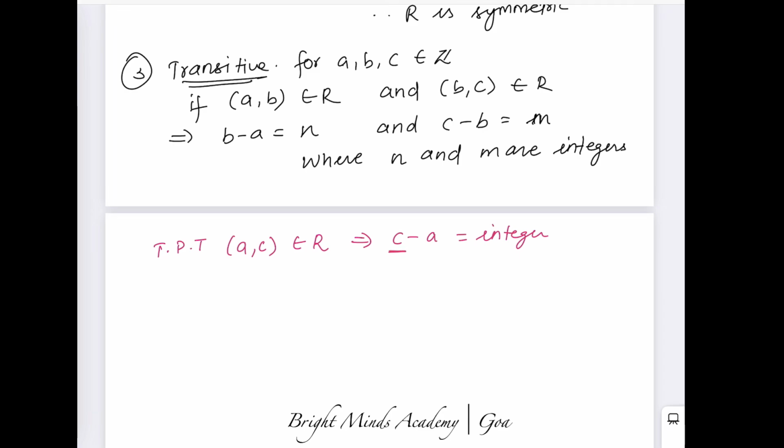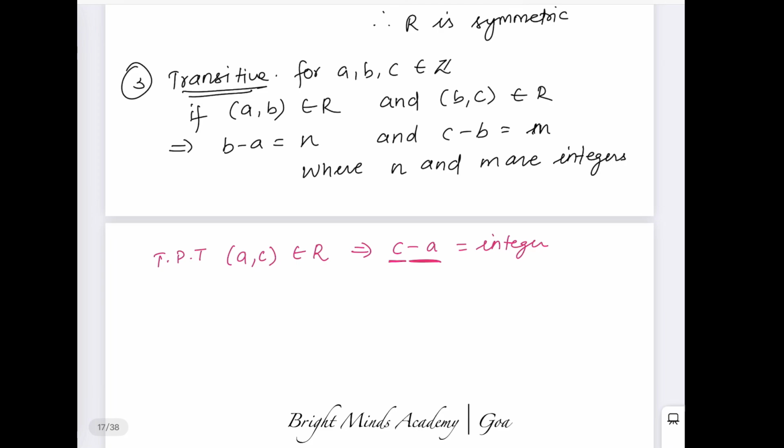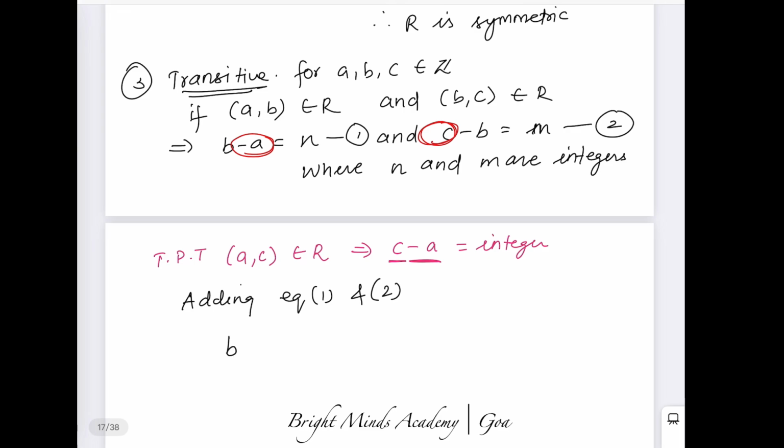Now if you look right here at what we have, I already have c right here and I already have a, so I'm going to add the two equations. This is equation 1, let's say, and this is equation 2. So I'm adding equations 1 and 2. I'll get b minus a plus c minus b equal to n plus m.